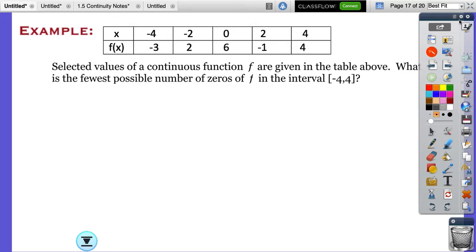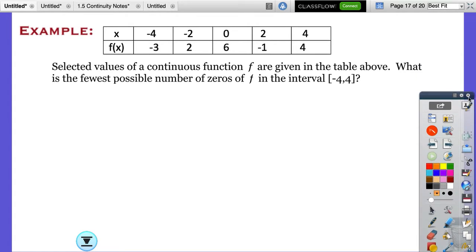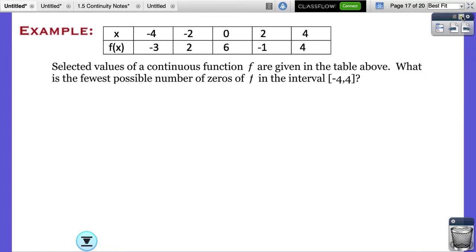So let's look at this example here. We're not really going to have to actually find them. It says selected values of a continuous function are given in the table above. What is the fewest possible number of zeros in the interval from -4 to 4? What I'm looking for is where the y values go from negative to positive and from positive to negative.